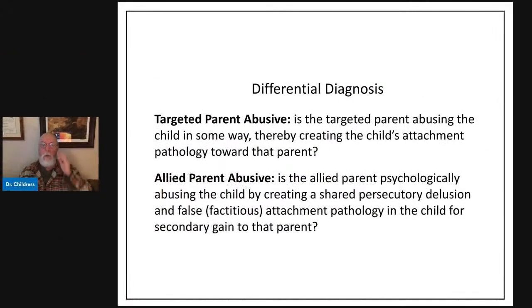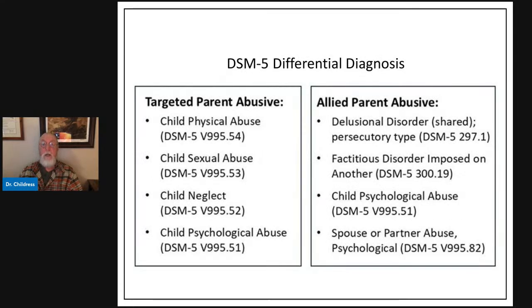So the differential diagnosis in all cases of court-involved custody where the child is rejecting a parent is: is the targeted parent abusing the child in some way, thereby creating the child's attachment pathology towards that parent, or is the allied parent psychologically abusing the child by creating a shared persecutory delusion and false factitious attachment pathology in the child for secondary gain to the allied parent?